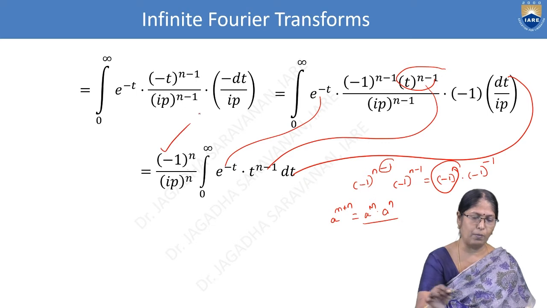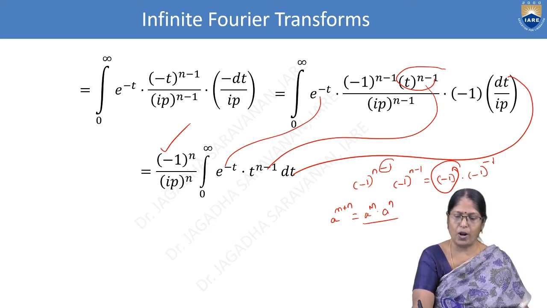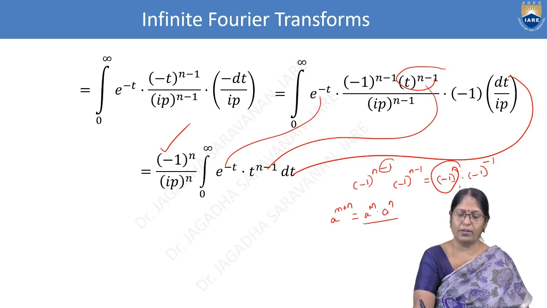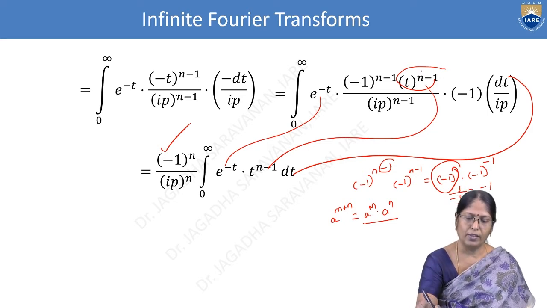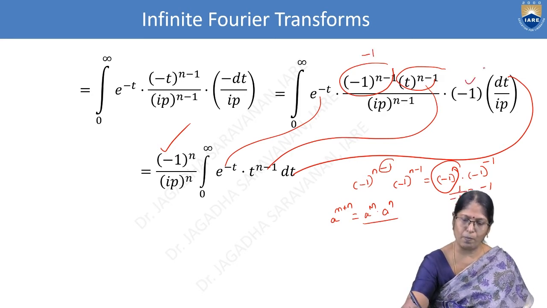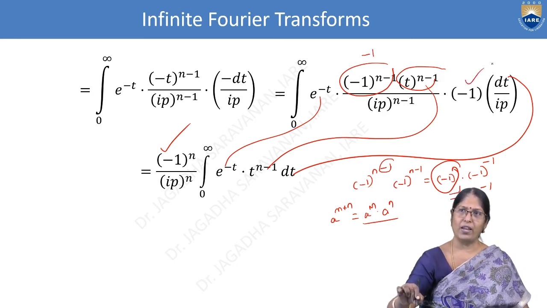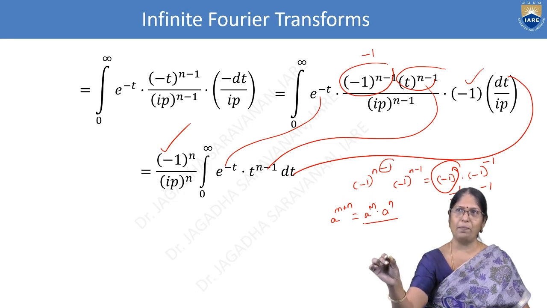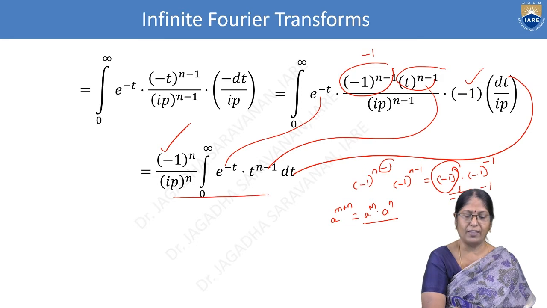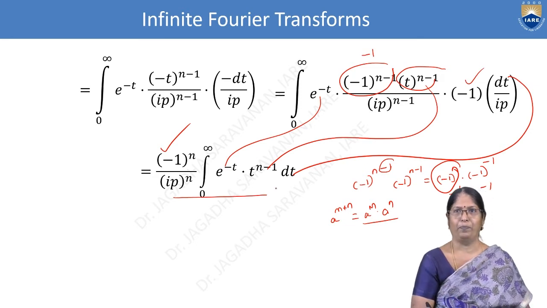This part has come out. So minus 1 power minus 1 is there. It's nothing but minus 1. So from here, this term minus 1 is there. Here also one minus 1 is there. Minus 1 into minus 1 is plus 1. That's why it is not seen in the next step.